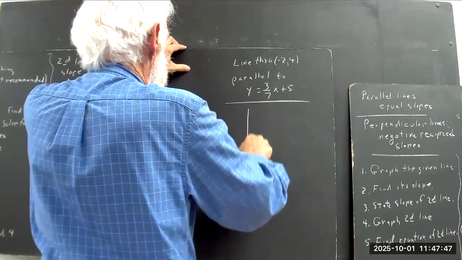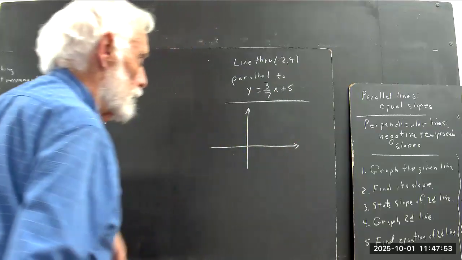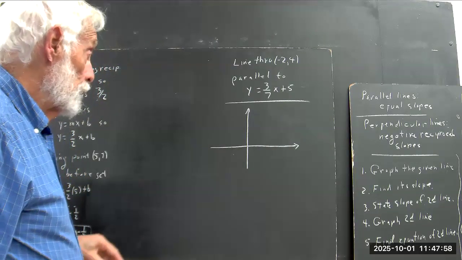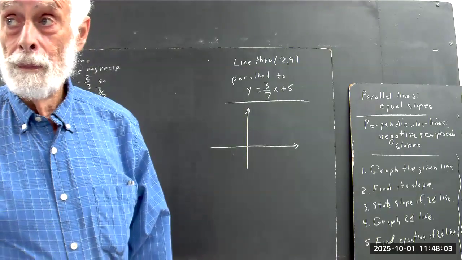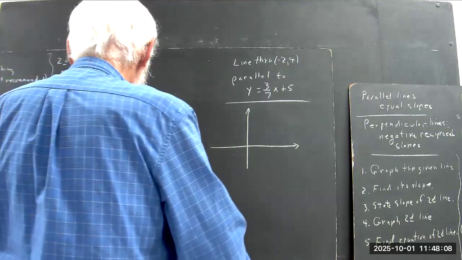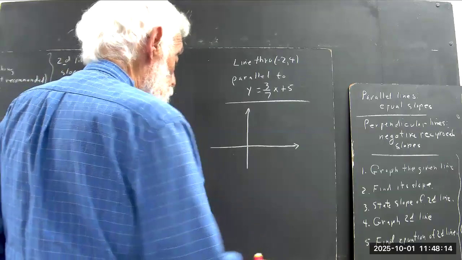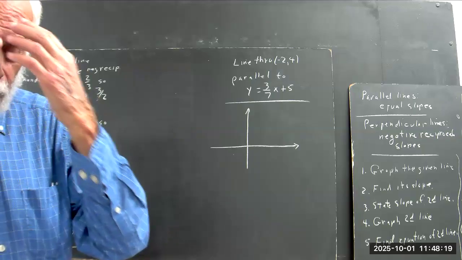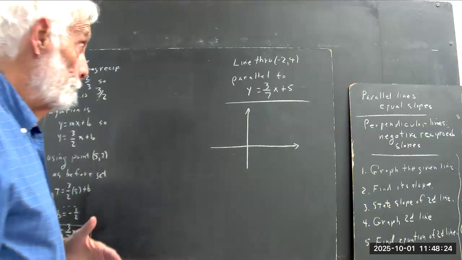First, I advocate any time you're dealing with a straight line and have the information to graph it, that you do graph it. It helps pull everything together. Although if you're in a big hurry, like on a test, and it just says find the equation of this line and you can do it without graphing, have at it. If you've been graphing all along, you've got that graph in your head anyway, and you're going to be on firmer ground.